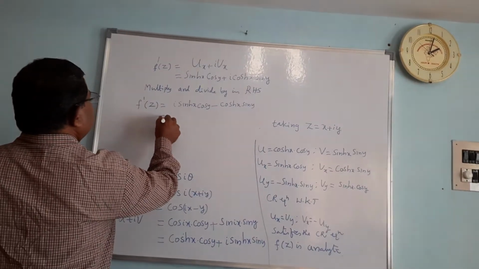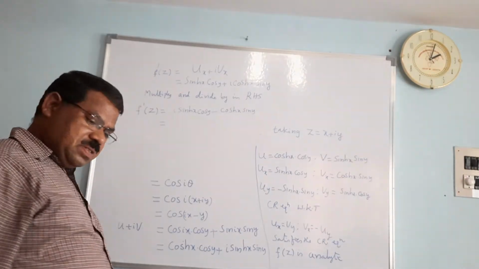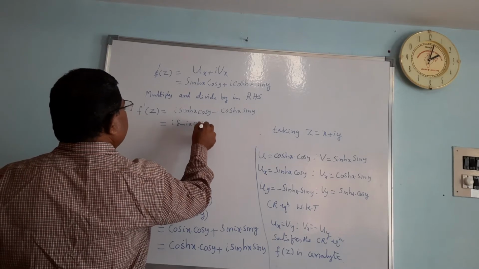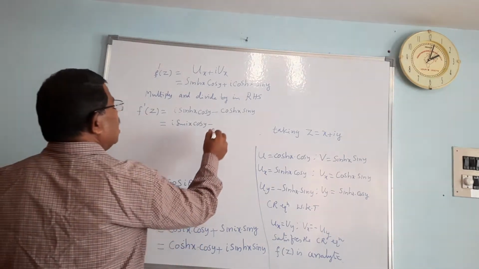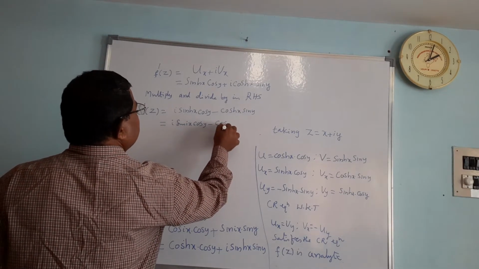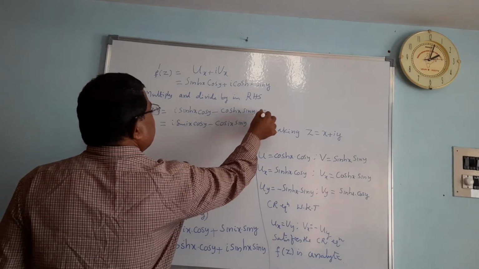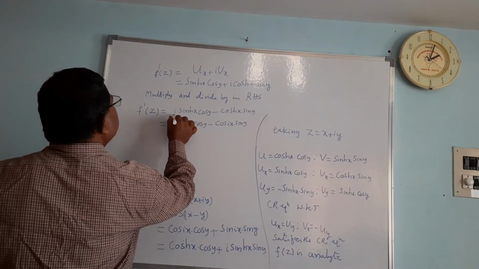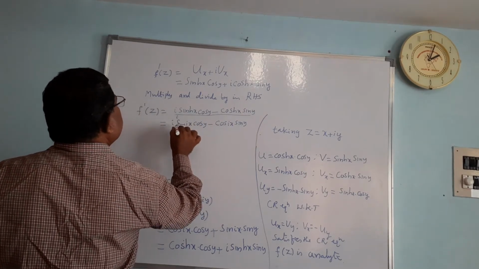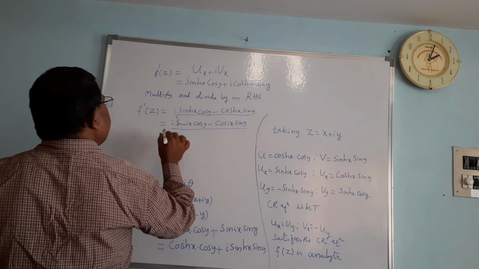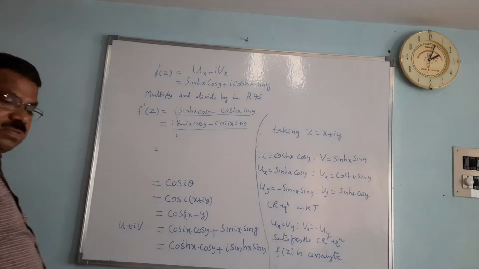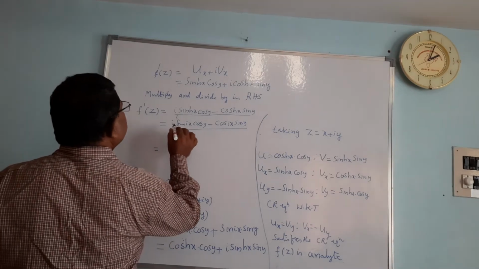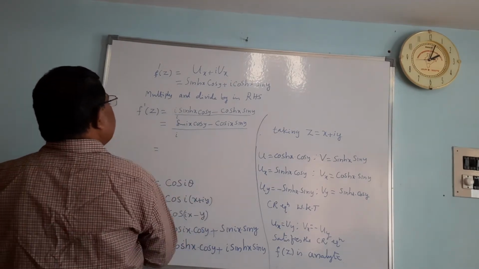Here this is i sin ix cos y minus cosh x, hyperbolic cos ix, sin y, multiplied and divided by i. Sin ix, understand?